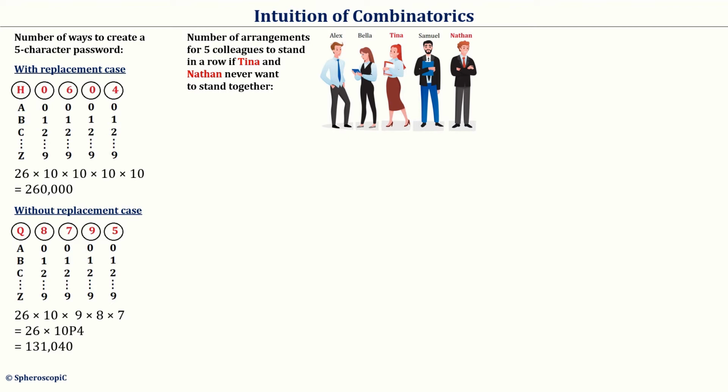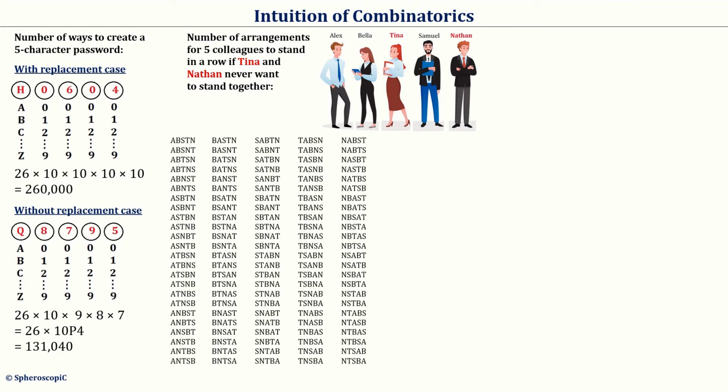At first, if we ignore the restriction for Tina and Nathan not to stay together, these are all possible arrangements in which these 5 people can stand in a row irrespective of any restriction or condition. These are 120 arrangements in total, which we get from the count of permutations of 5 people, 5 factorial.